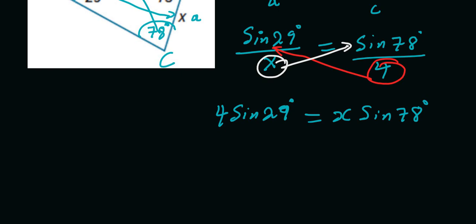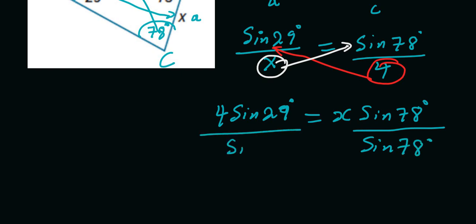Now we can isolate X by dividing both sides by sine 78 degrees. Sine 78 degrees cancels out.